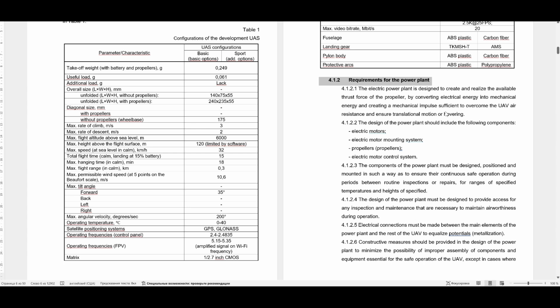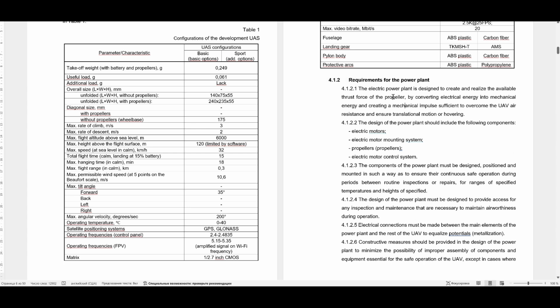Based on the formulation of the function of the carrier power plant, which sounds like to form a system for creating and implementing the available thrust force on the propeller, we can write in paragraph 4.1.2.1 of the technical assignment the following standard wording that takes into account the context of our case.